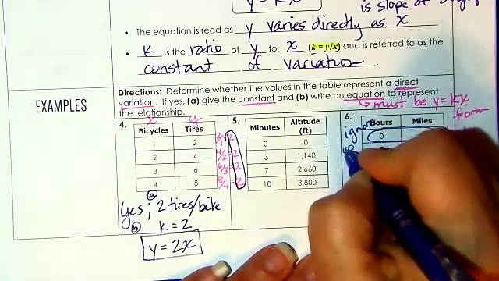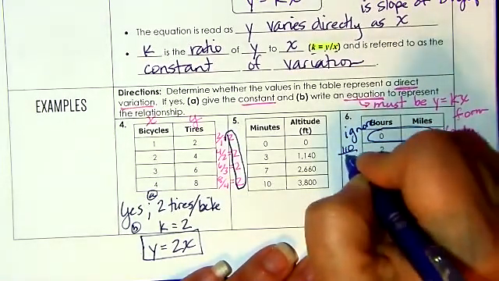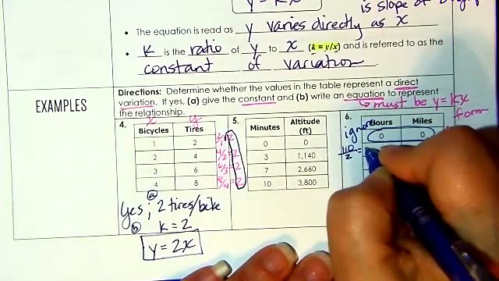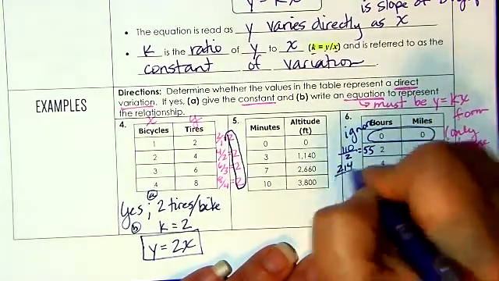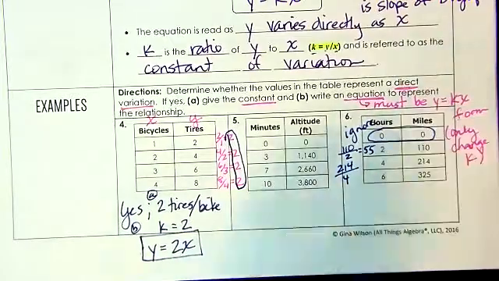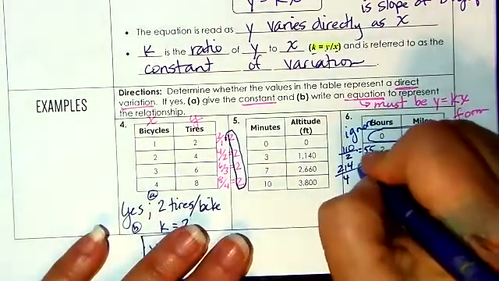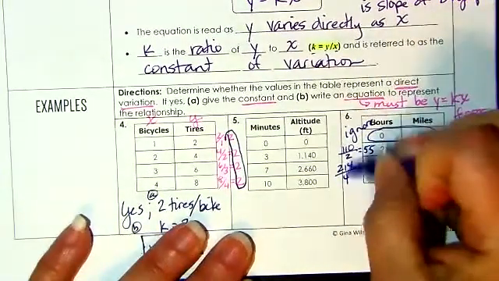So I'm going to do 110 over 2. That's going to equal 55. Then I'm going to do 214 over 4. I don't know what that division is, so handy dandy calculator. 214 divided by 4. Enter. Hold up.